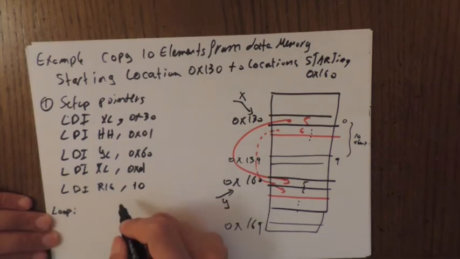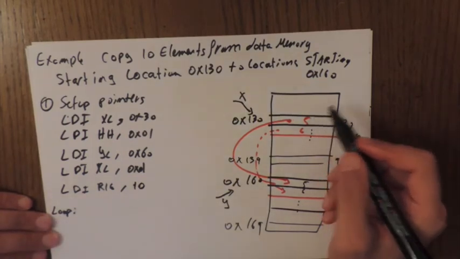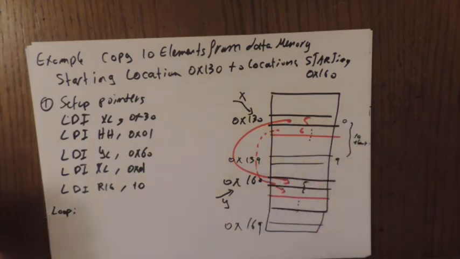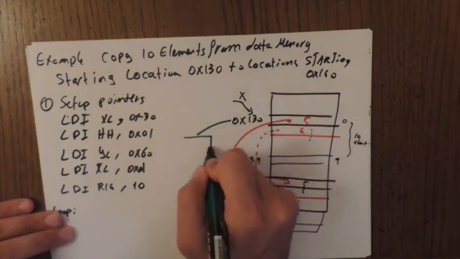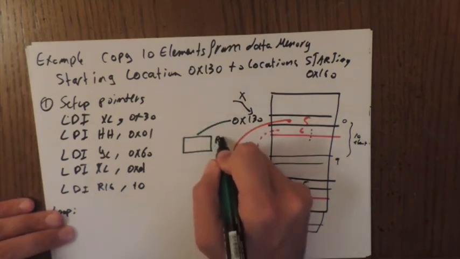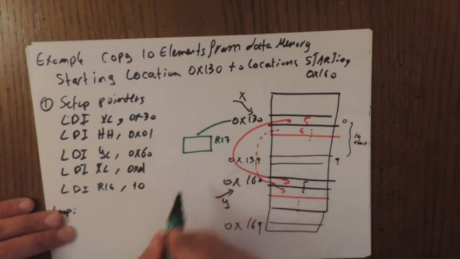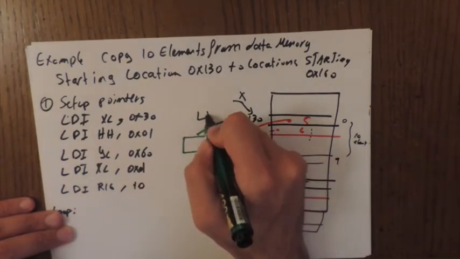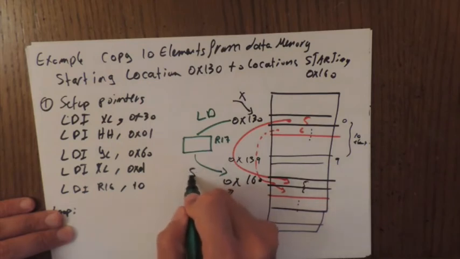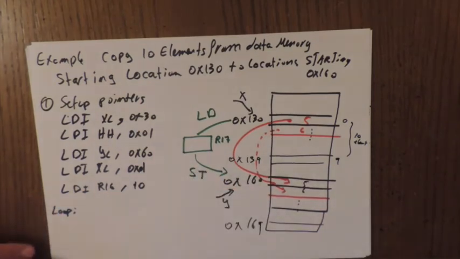With the loop, first I need to read this value. For this to get copied, I'm gonna first read this, place it in, let's say, R17, and then store it. So this will happen with an LD instruction, and this will happen in an ST instruction.